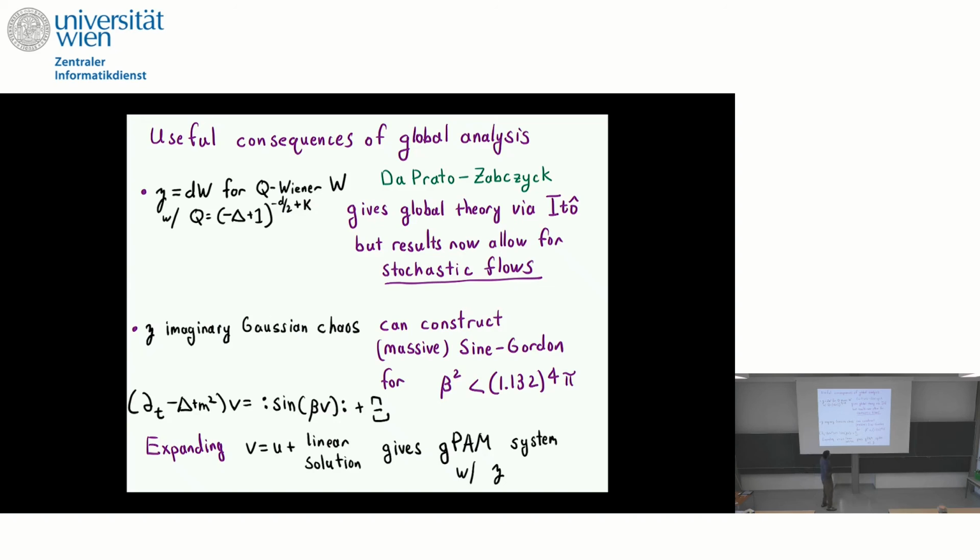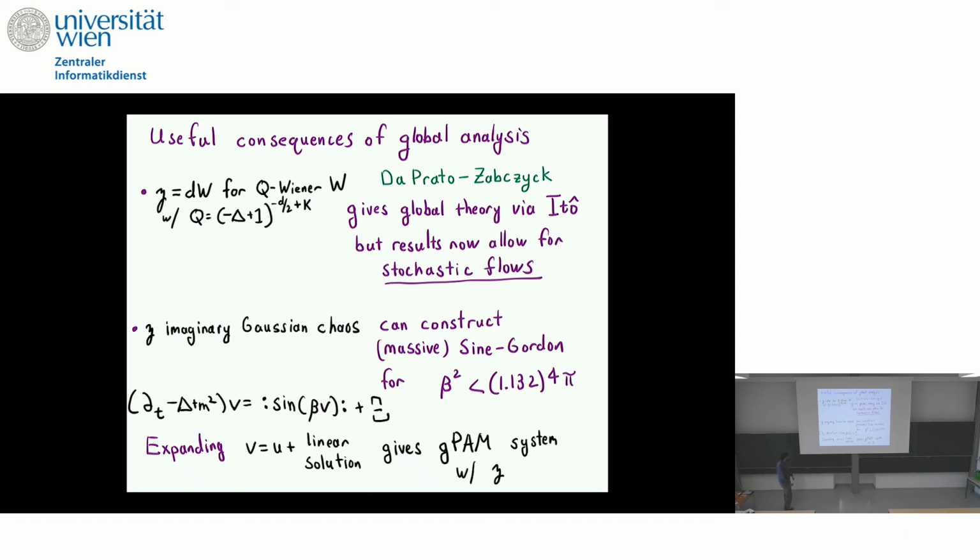The fact that we have a mass is important for making this argument work, but the idea is it's a perturbation of a stochastic heat equation in 2 dimensions by a Wick-ordered sine nonlinearity.